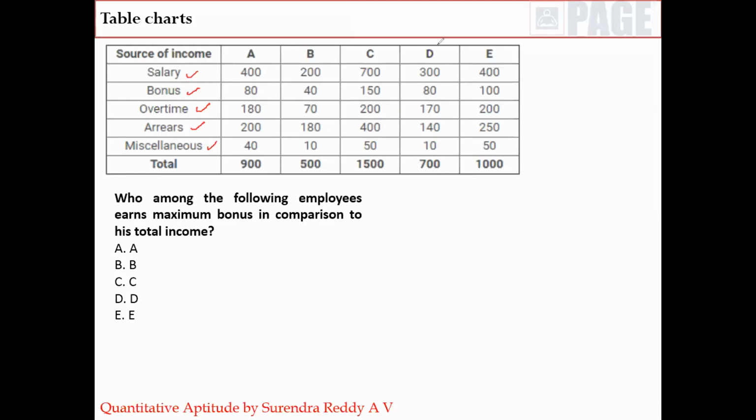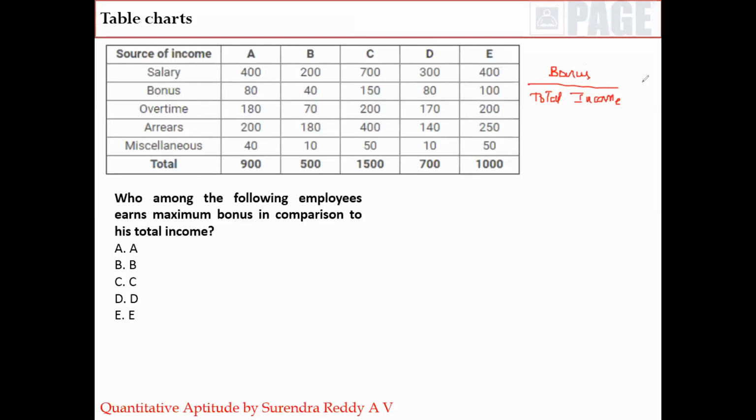So let's start the first question. Who among the following employees earns maximum bonus in comparison to his total income? When we compare with the total income, which of the persons among A, B, C, D, E will earn maximum bonus is the question. So when I represent the total income in the denominator, what is the bonus?